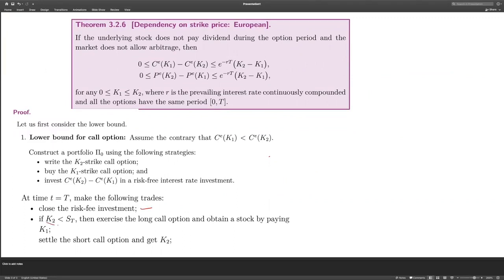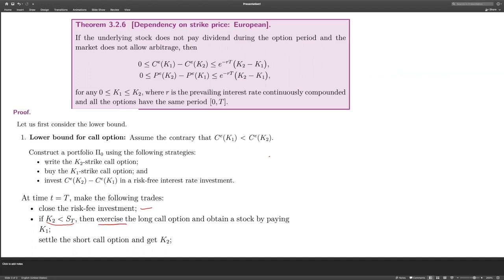When K2 is less than ST, that is, the strike price of the second call option is less than the current market price of the stock in the spot market, then your counterpart who bought your K2 strike will come to exercise the option.